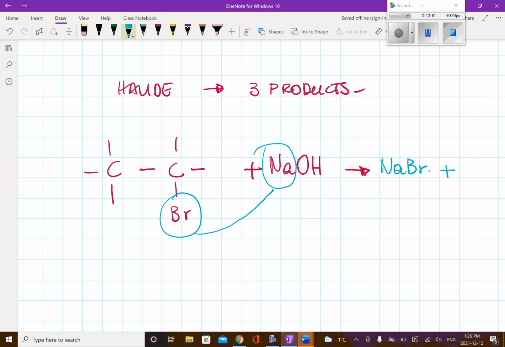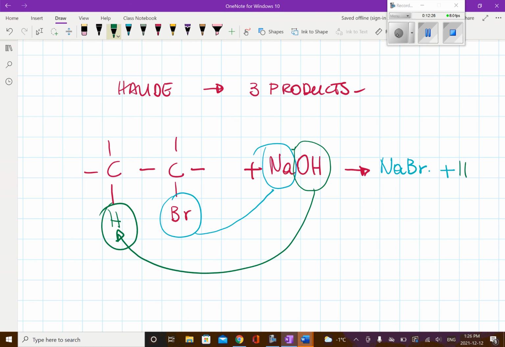But we have to remove two groups. So the OH will go and grab one of the hydrogens and form water. And now we still have those two electrons that are freed, but they don't like to be on their own.